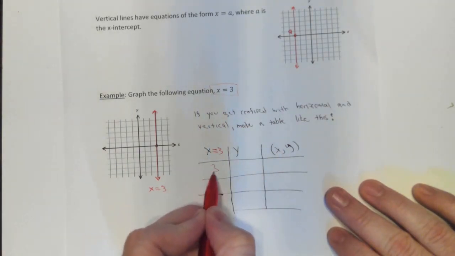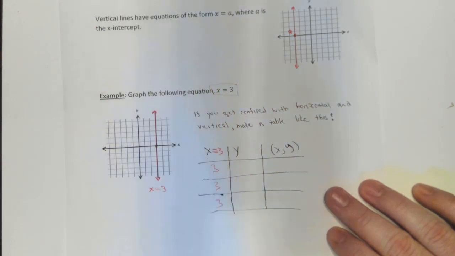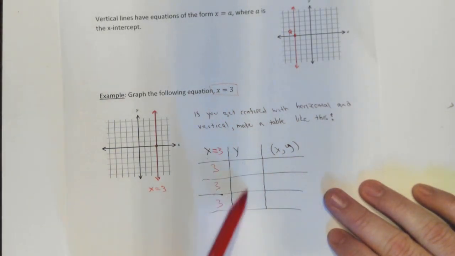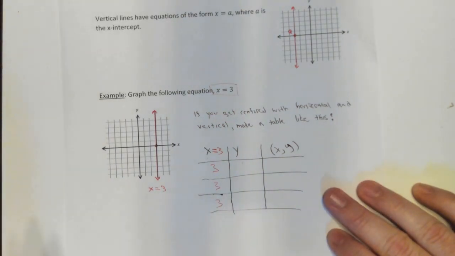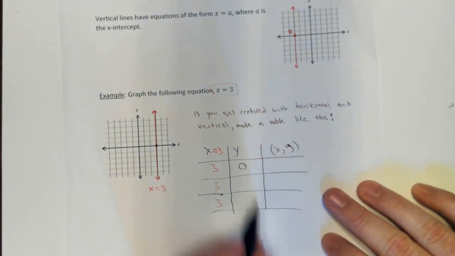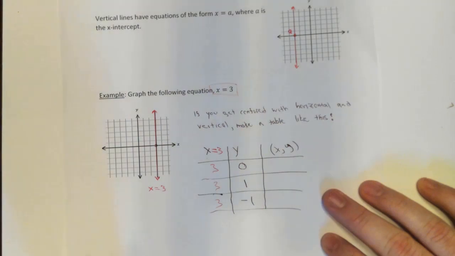That means each of these rows is 3. If it was y equals 3, each of these rows would have 3 under the y. So I can choose any value to plot. I will do 0, 1, and negative 1. Generally, I like to stay around the origin.